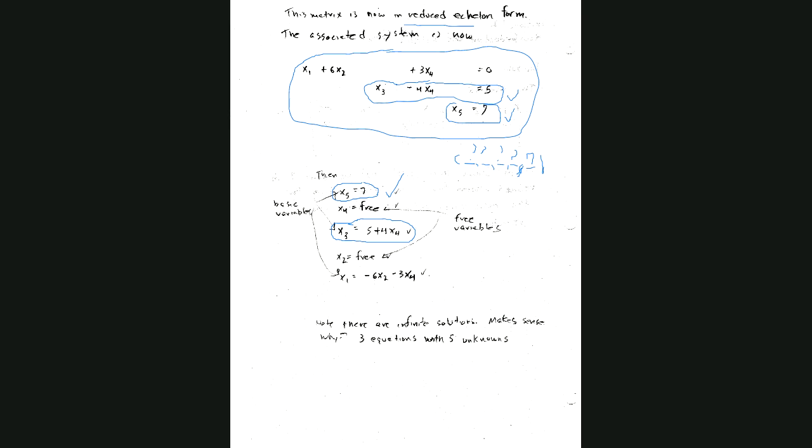And do you agree that x1, based on the first equation, is going to be equal to negative 6x2 minus 3x4? Yeah, so now we've used all the information in the equations. Those are called our basic variables.